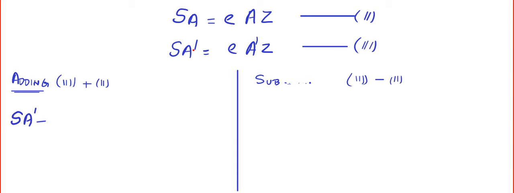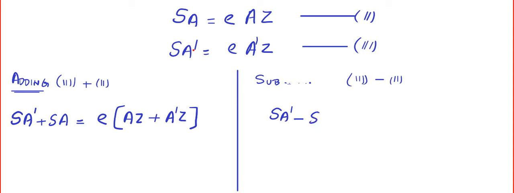SA dash plus SA will give you E comes common, AZ plus A dash Z. And SA dash minus SA gives, here you can write in any order, but here the order is very important, third equation minus second equation.